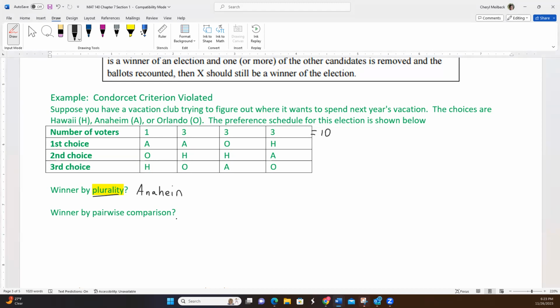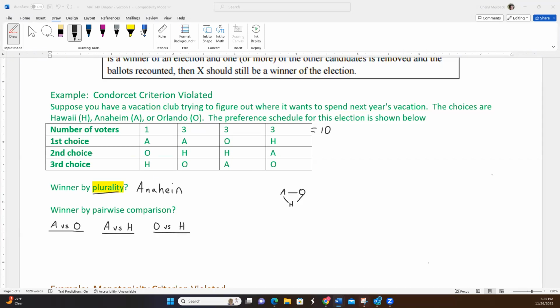Let's look at pairwise comparison. We have 3 candidates, so we'll have 3 comparisons between the candidates. If we look at A versus O, you'll be comparing all of these with just the O and the A. In my first column, A is first place, so they get that point. In my second column, A is in first place, so they get all 3 of those points.